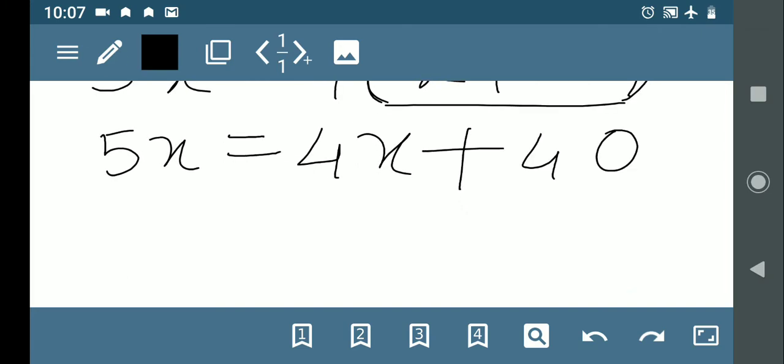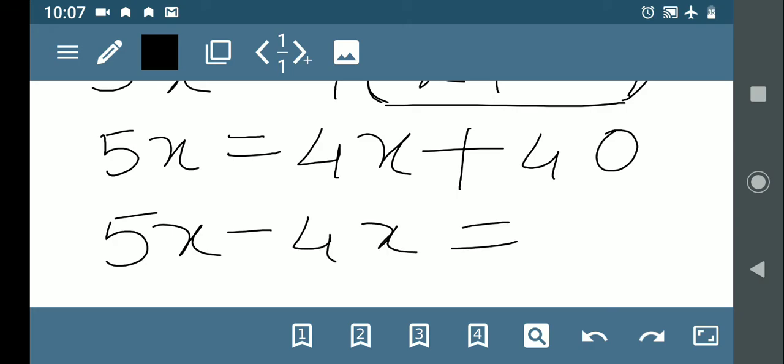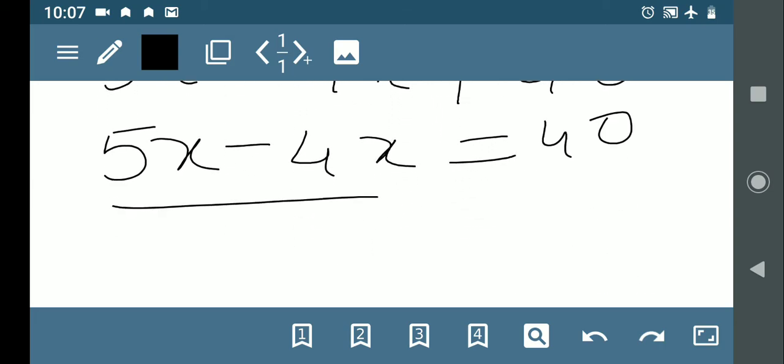Now bring your 4x to the LHS. So 5x minus 4x is equal to 40. 5x minus 4x is x. x is equal to 40.